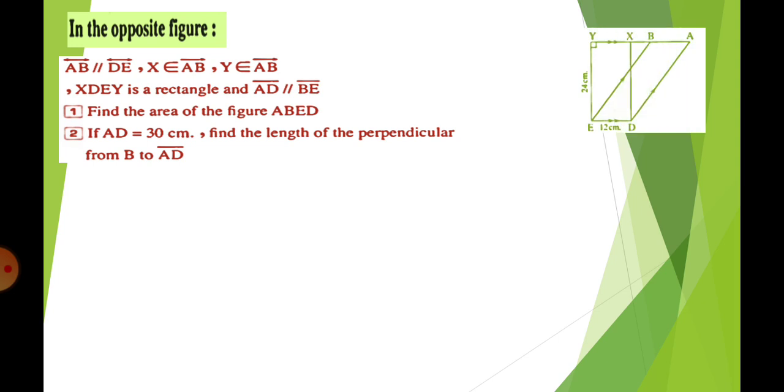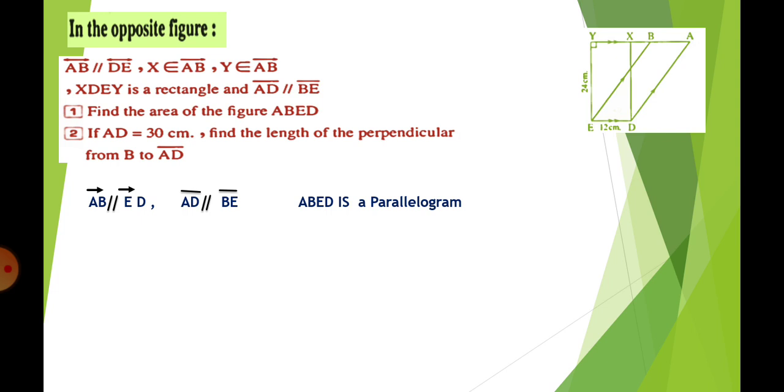In the opposite figure, AB is parallel to DE, X belongs to AB, and Y belongs to AB. X, D, E, Y is a rectangle, and AD is parallel to BE. Number 1, find the area of ABED.